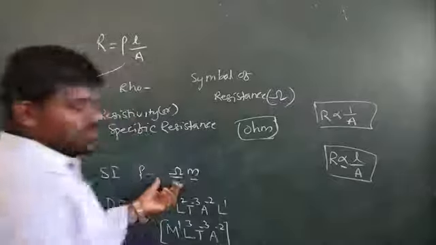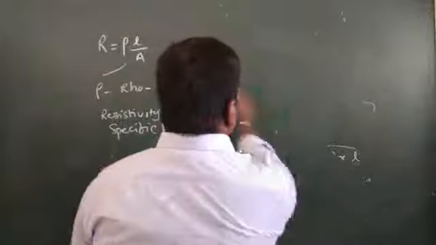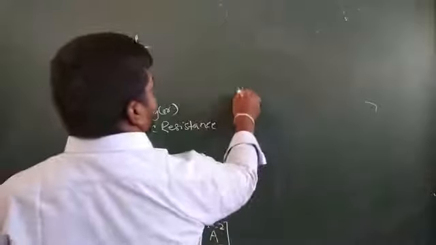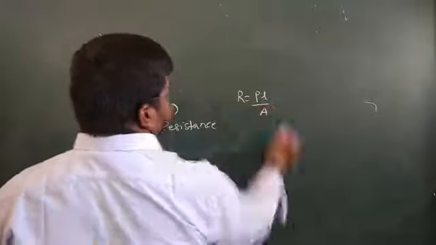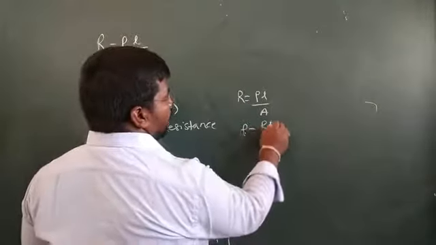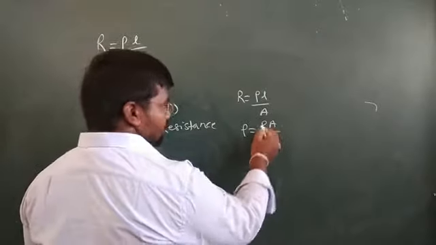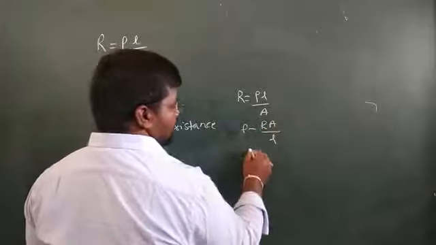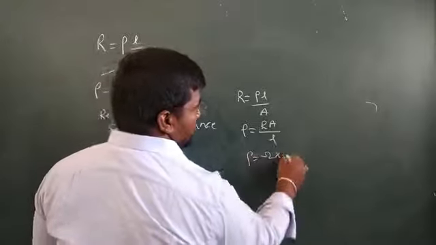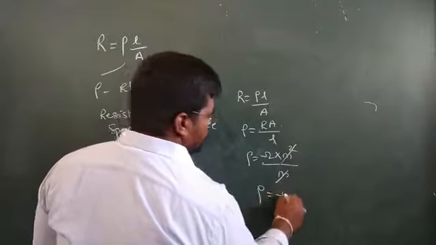How do we get this ohm meter? What is the formula? R is equal to rho L by A, so rho is equal to RA by L. The SI unit of resistance is ohm, area is meter square, and length is meter. One meter gets cancelled, so rho is equal to ohm meter.